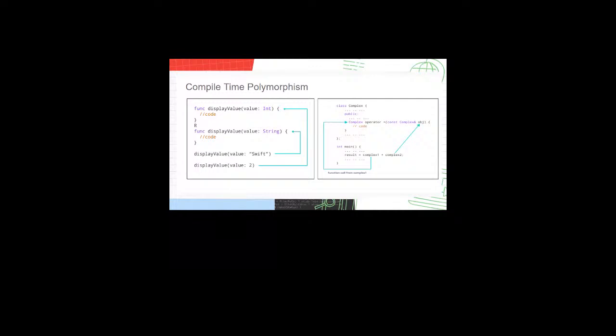So at the time of function calling, the first function call is providing Swift as a value, which is a string, so the second function with the string parameter will be called and executed. In case of the second function call, it's an int value, so the first function will get executed. This is how polymorphism takes place.